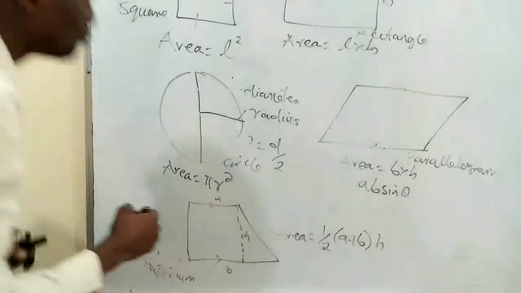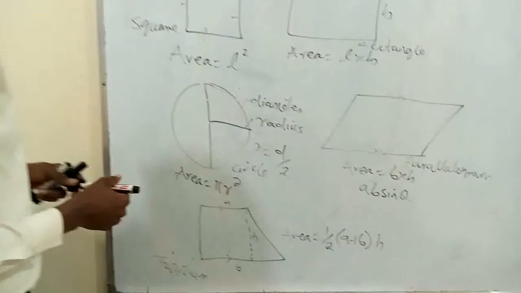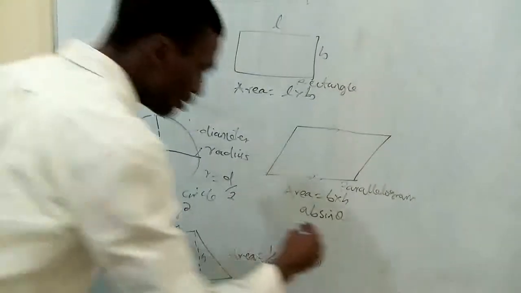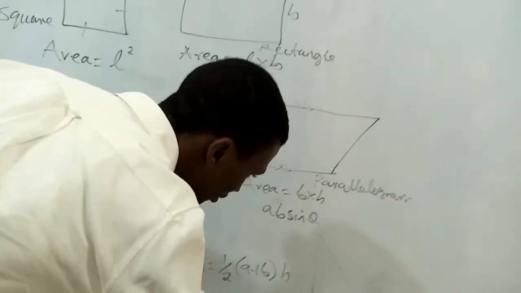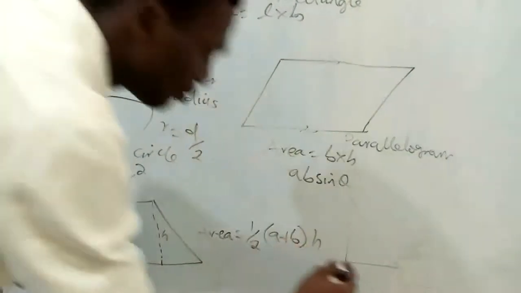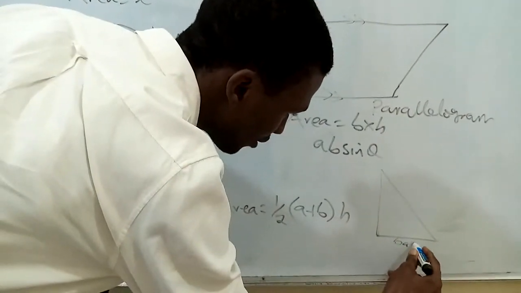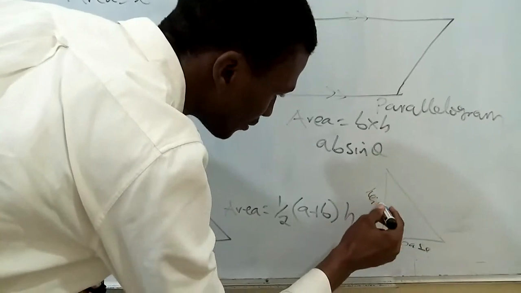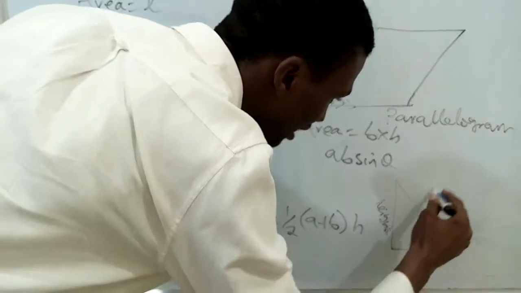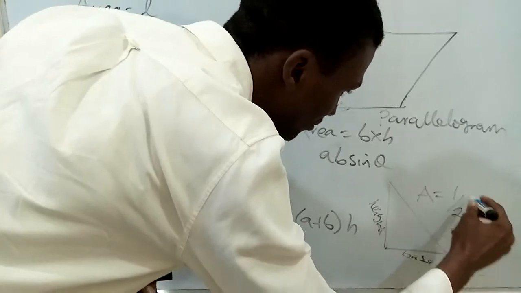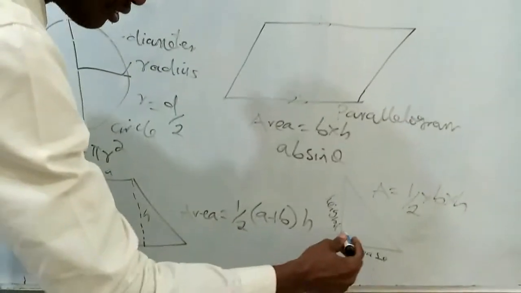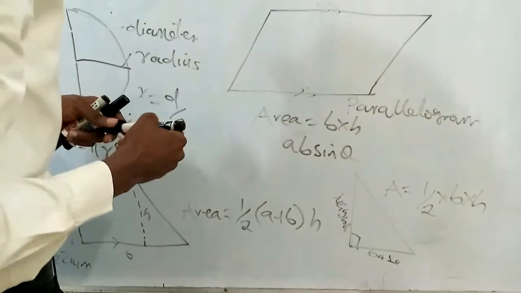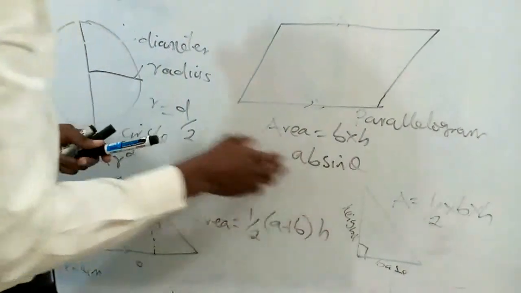Yes, we have one more: the triangle. This is a right angle triangle. This is our base of the triangle, this is our height. So the area is half times base times height.